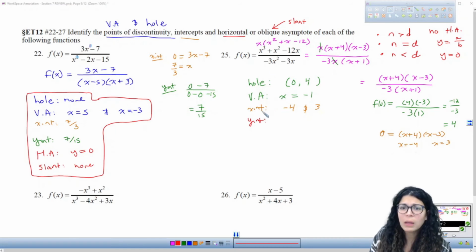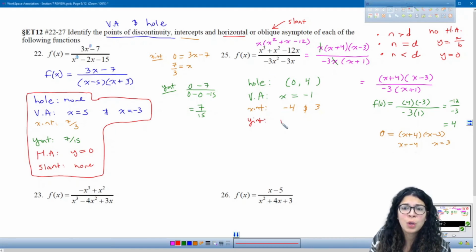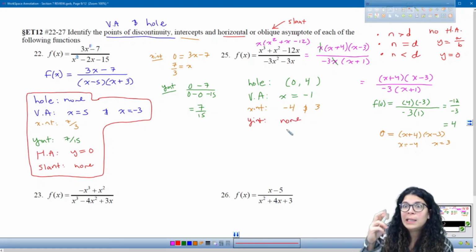So that tells us that there is no y-intercept. There would be a y-intercept, but it is actually the hole, which is why there is no y-intercept. The hole is an empty open circle, so that point doesn't exist on the function. So there is no y-intercept here.